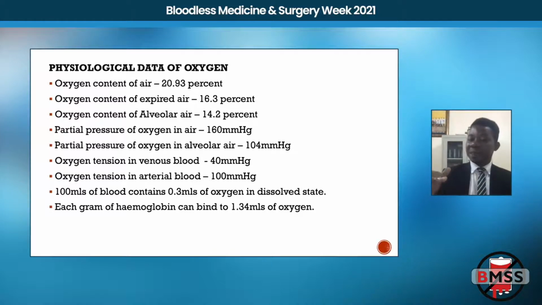Then, when you take the partial pressure into consideration, from the atmospheric air you have 160 millimeters of mercury. By the time it gets to the arterial level, it's about 100 millimeters of mercury, whereas in the venous, it's about 40 millimeters of mercury. And we've come to understand that 100 ml of blood contains 0.3 ml of oxygen in dissolved state.